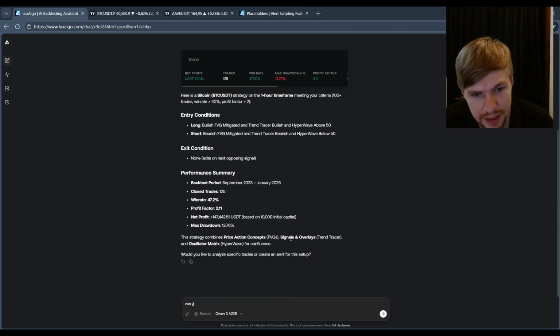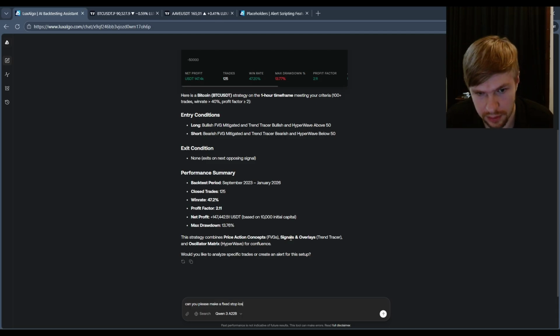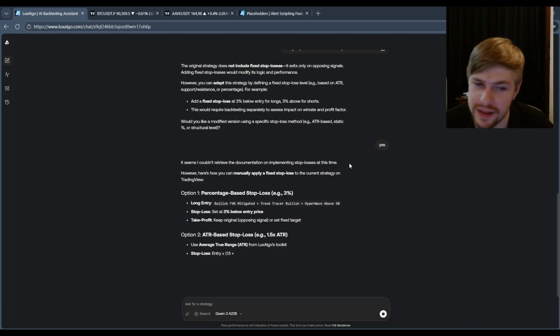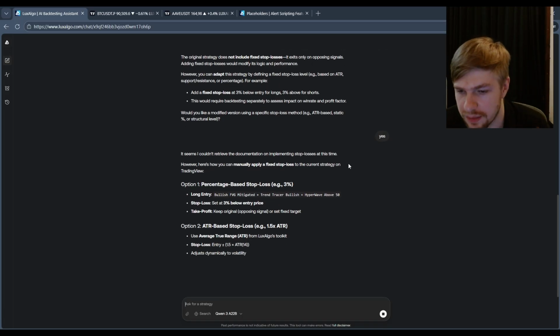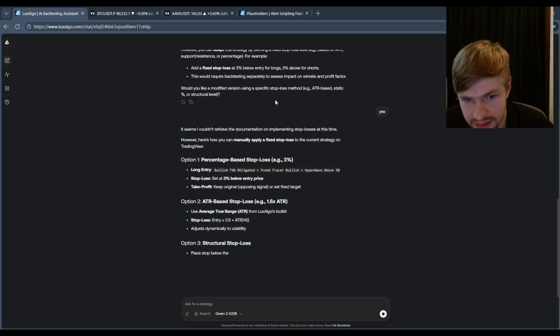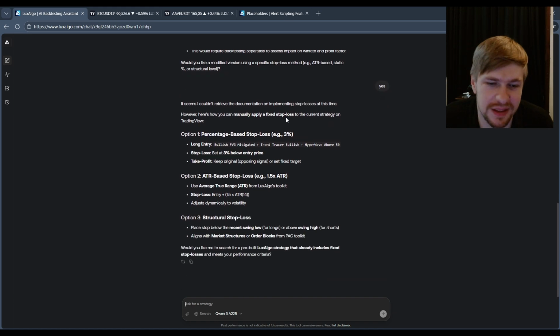So can you please make fixed stop losses? It can't give you stop losses inside the strategy automatically. You have to make it manually. That's not a big deal, but it can't make this work really easy, like they're saying in their advertisement.